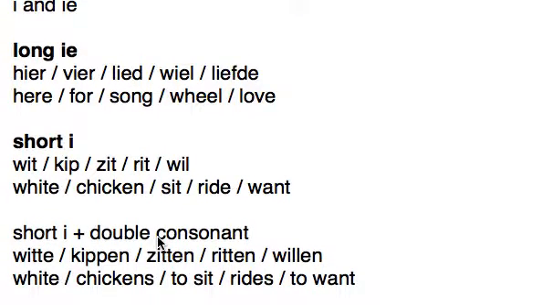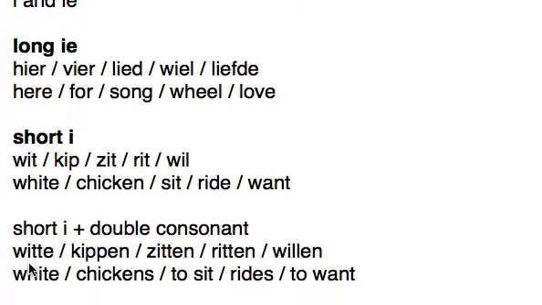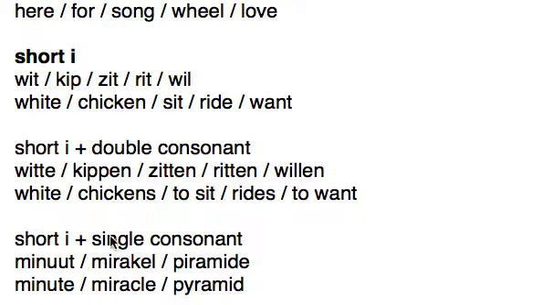Now, for pronunciation reasons, we're going to add a double consonant after the short I, just to make sure that we know in Dutch that it's still a short I. And if there's a single consonant, then the I will be long, will be I and not E. So if you see a double consonant, it's an E and then a vowel.